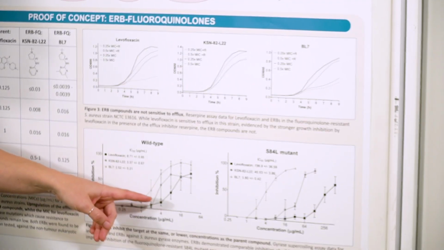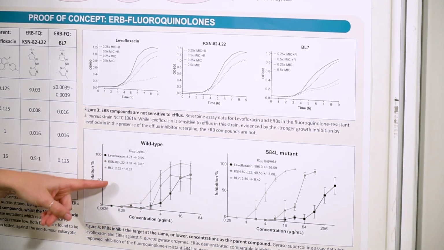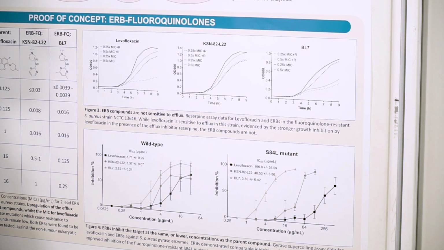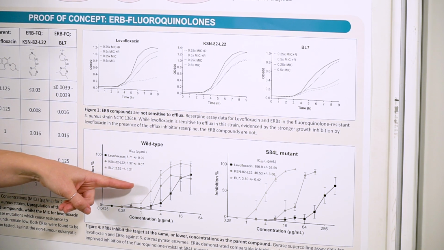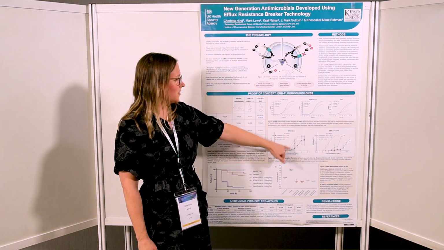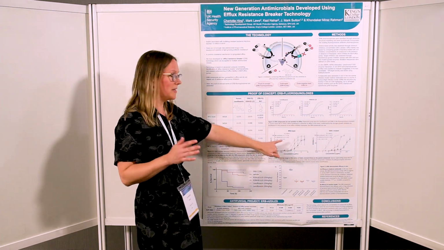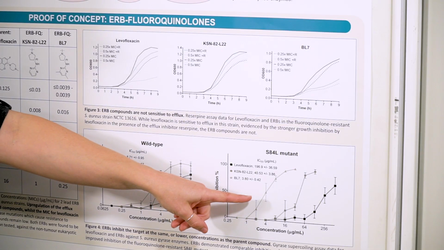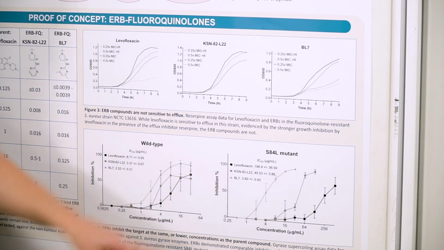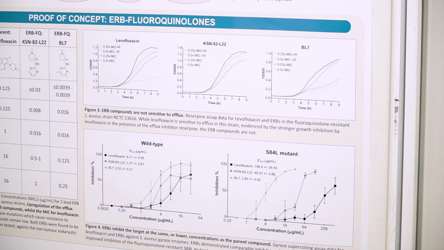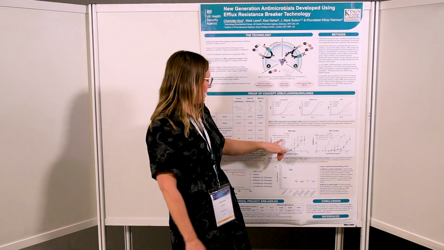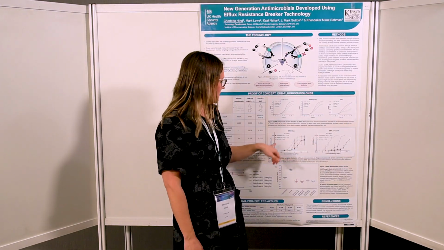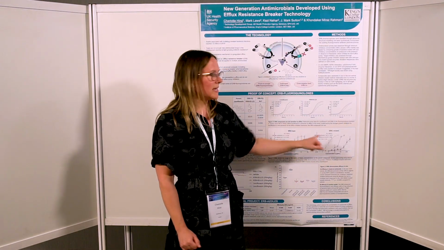We used a gyrase biochemical assay, so this is cell-free, to demonstrate that the two ERB compounds have a very similar IC50 against this target compared to levofloxacin. But when you look at the fluoroquinolone-resistant version of gyrase, levofloxacin's IC50 jumps from 8 to 200 micrograms per mL, whereas the IC50 for our two lead compounds, especially SBL7, there's barely any change.